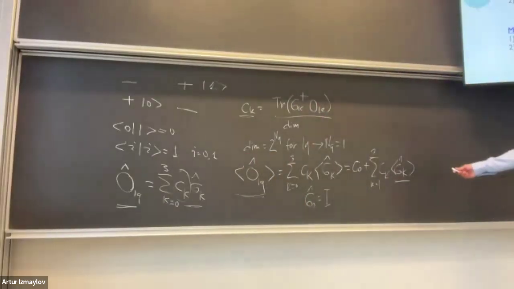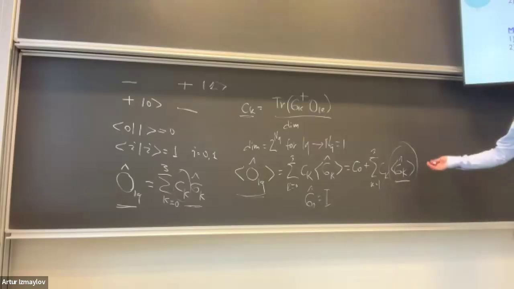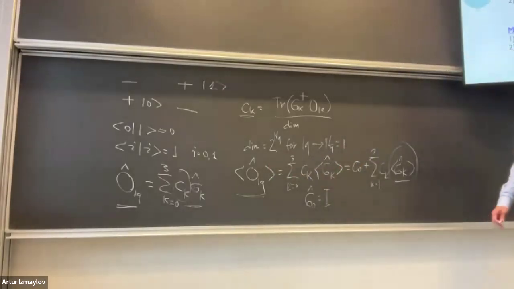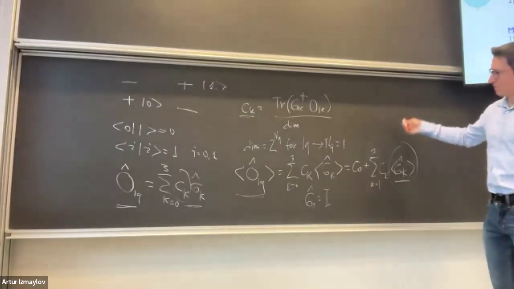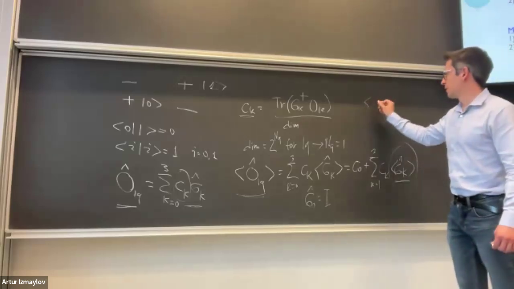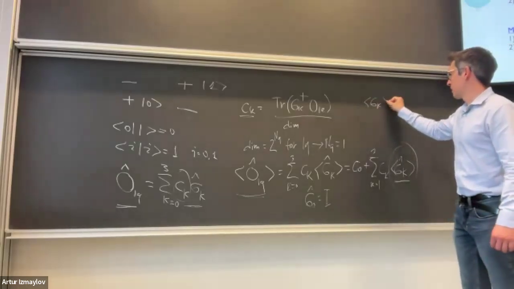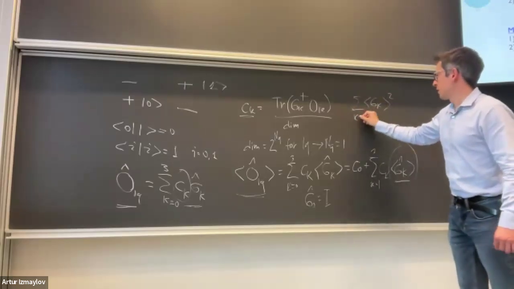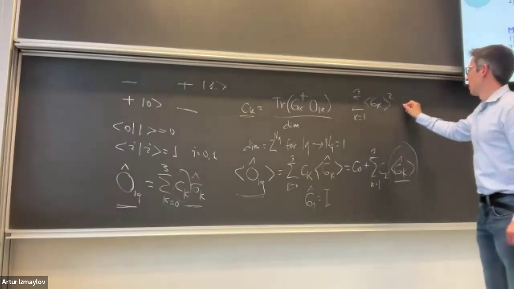So the expectation values of the sigmas characterize the state fully, because using those expectation values you could obtain expectation values for any observable you want. As probably one of the homeworks, it's easy to show that the sum over k from 1 to 3 of the sigma k expectation values squared will be equal to 1.